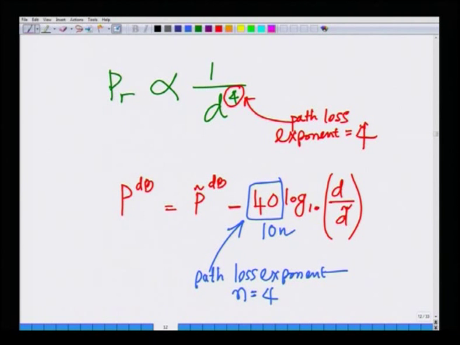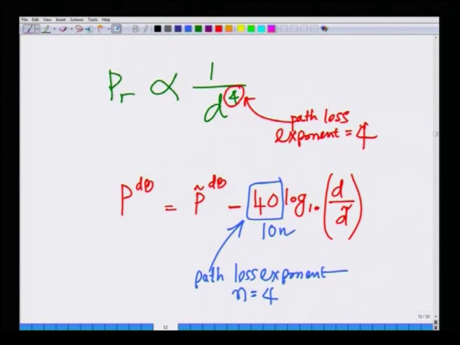Hence, the path loss exponent is nothing but 4. Hence, the received power in dB is P tilde, the reference, minus 40 log d over d tilde, that is a path loss exponent of 4. Hence, there is a path loss of 40 dB per decade.